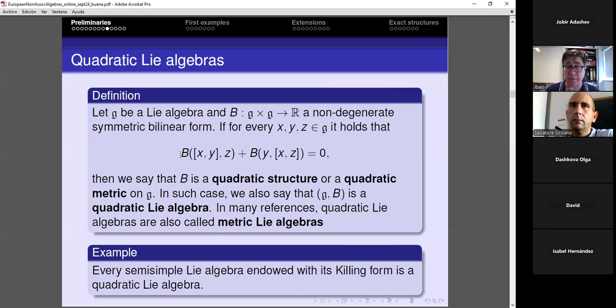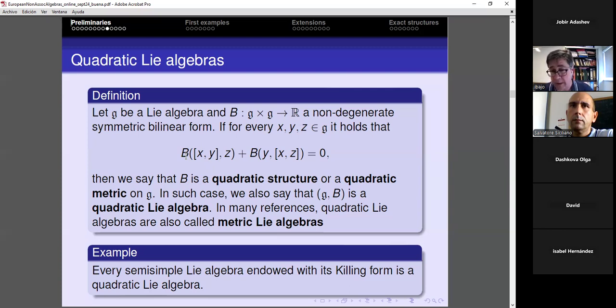So these conditions also come from geometry. Actually, if one thinks of this geometrically, this means that the Lie group is endowed with a pseudo-Riemannian both left and right invariant metric, a bi-invariant metric. Some authors call these algebras quadratic.